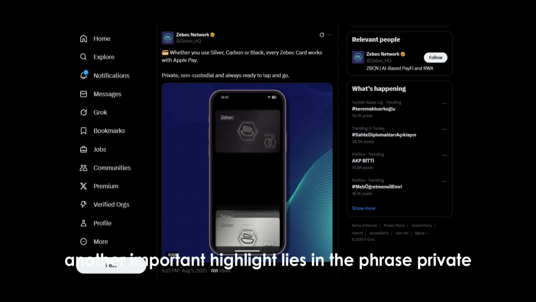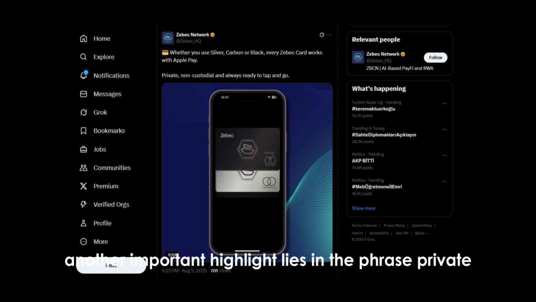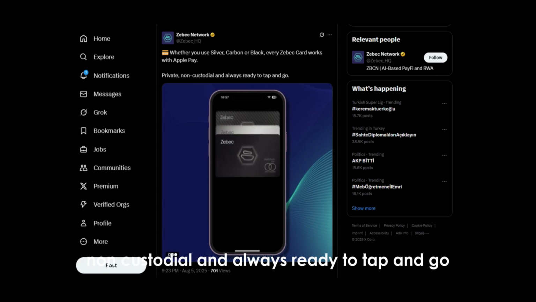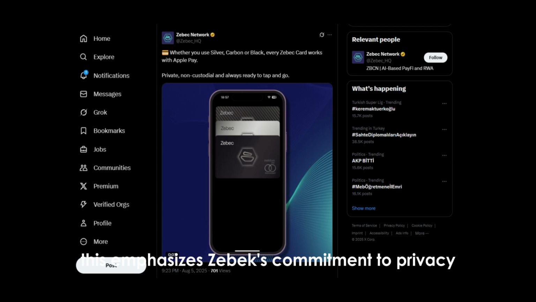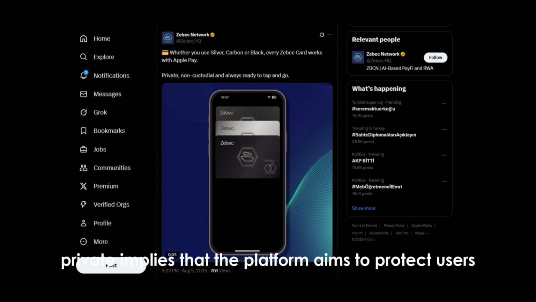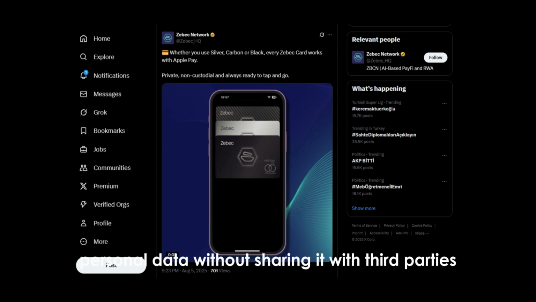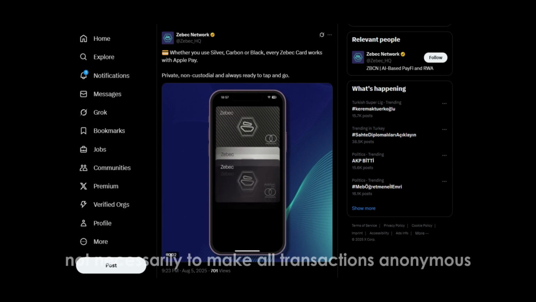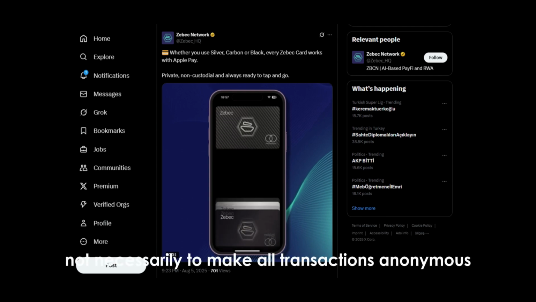Another important highlight lies in the phrase "private, non-custodial, and always ready to tap and go." This emphasizes Zebec's commitment to privacy, security, and freedom. Private implies that the platform aims to protect users' personal data without sharing it with third parties, not necessarily to make all transactions anonymous.